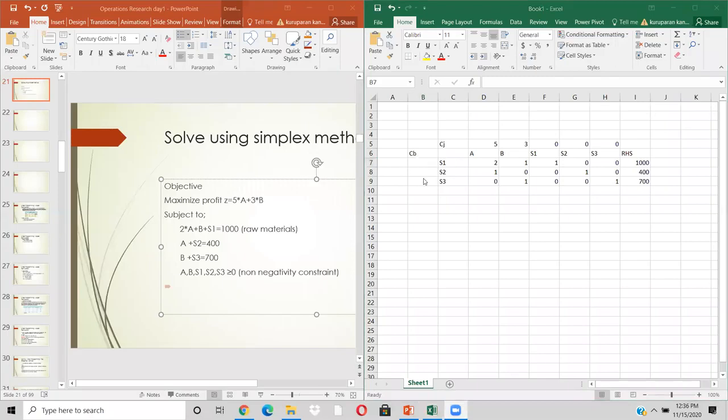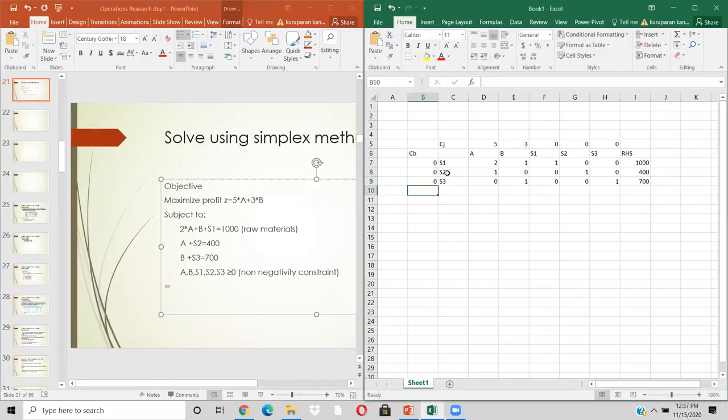What is the coefficient of S1 in the objective? Zero. Similarly for S2, 0. Similarly for S3 also 0.